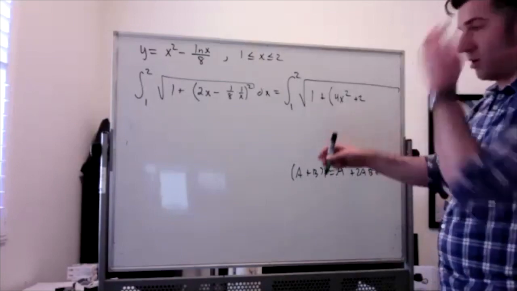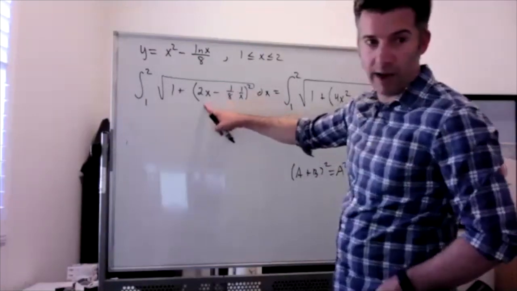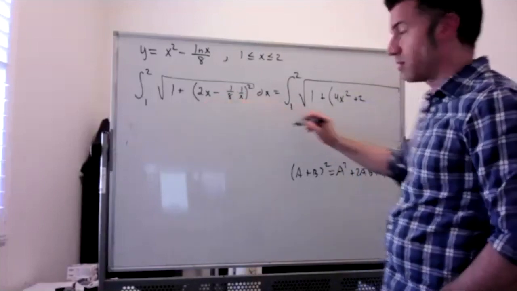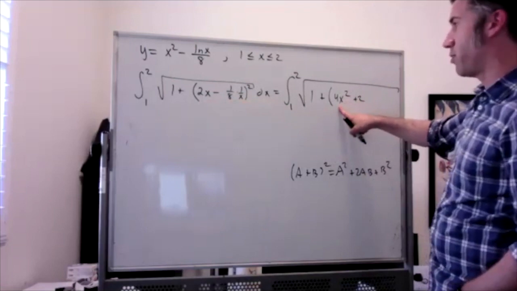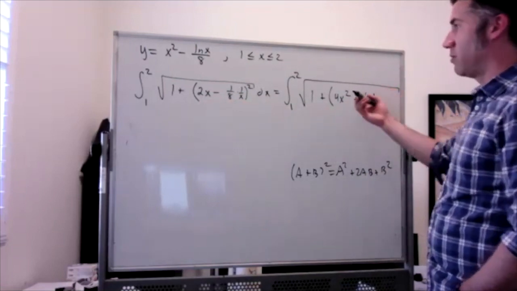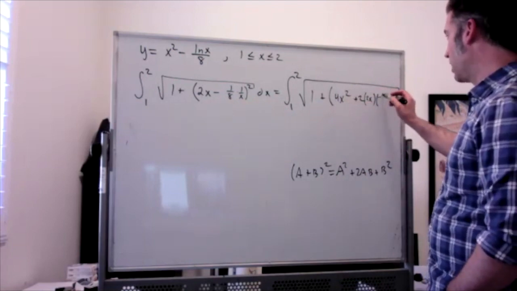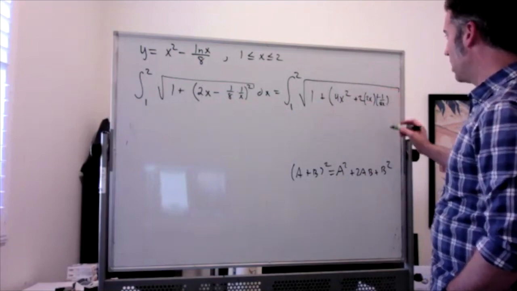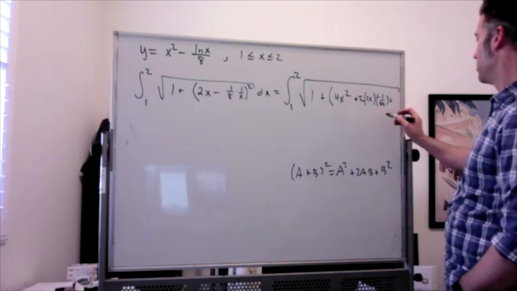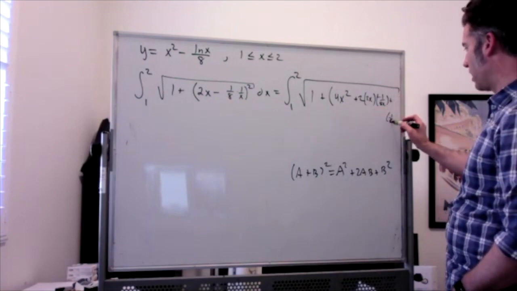That's what I'm using here. This is a is 2x, and b is negative 1 times 1 over 8x. So it's a squared plus 2 times a, which is 2x, times b, which is negative 1 over 8x, plus negative 1 over 8x squared.